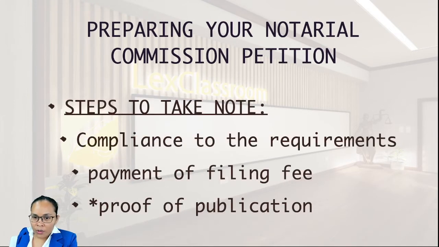Now, you are to comply with the requirements by paying the filing fee. When you file your petition for notarial commission, there's a corresponding filing fee for that. And you are also to provide your proof of publication of the petition. So once it is filed, the court will say that you are now allowed to publish it in a newspaper of general circulation.